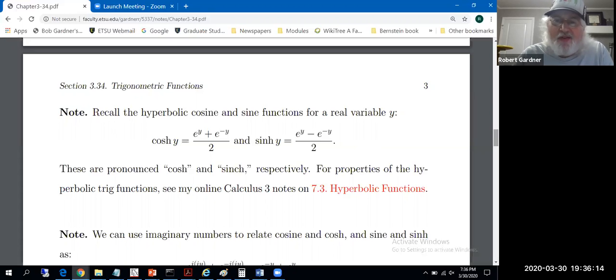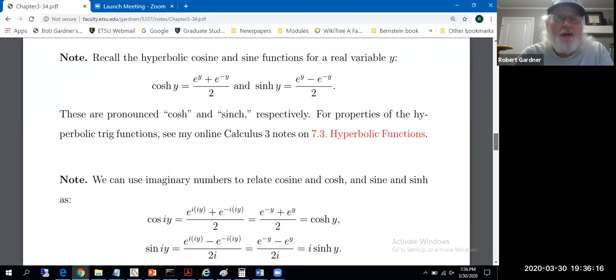And I guess it isn't totally surprising because you'll recall the definition of cosh y, hyperbolic cosine of y, is e to the y plus e to the negative y over 2. Sinh, hyperbolic sine of y, is e to the y minus e to the negative y over 2. And it looks a lot like what we had upstairs for sines and cosines in terms of complex numbers.